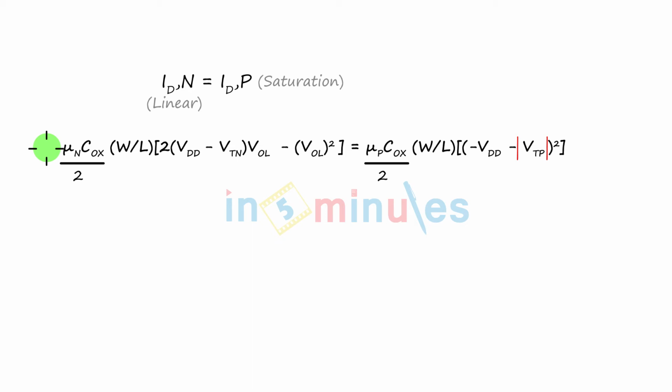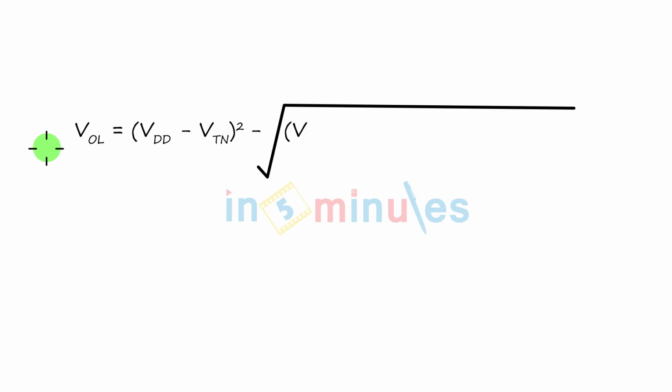And when you write the final expression for VOL, you don't have to get intimidated. I just want to show you, and no one is expecting you to derive this in the exam. When we write the final expression, VOL is nothing but VDD minus VTN minus square root of VDD minus VTN the whole square minus beta n by beta p into bracket VDD minus mod VTP the whole square.